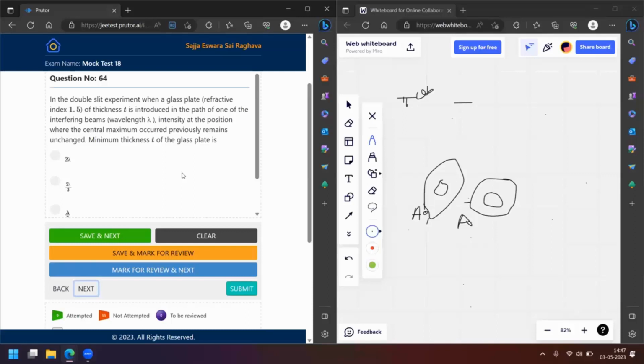Since they ask for the minimum thickness, the extra length should be the minimum, equal to the wavelength.